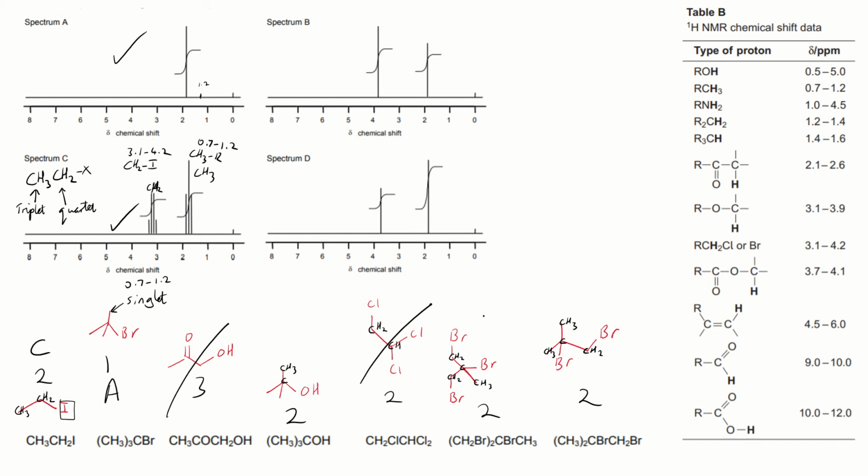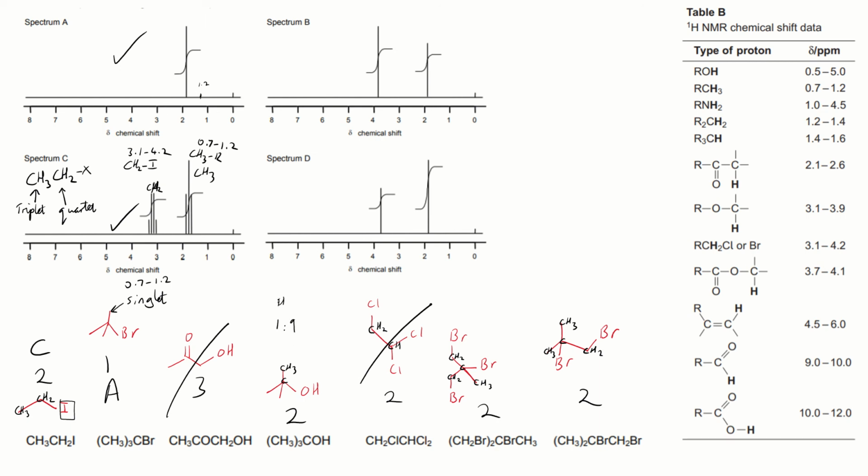Now, in terms of these, what I'm going to do is rule this one out because I have not been told that either of these disappeared upon a D2O shake. Also, the size of them in terms of the ratio looks a little more even rather than this 1:9 ratio that we would have here.